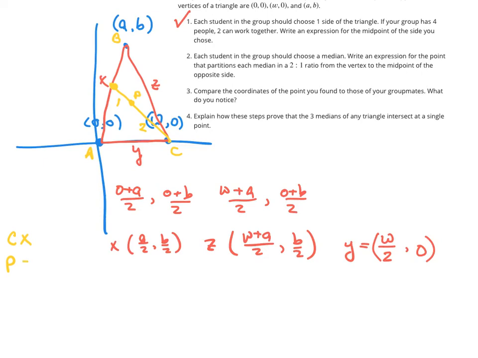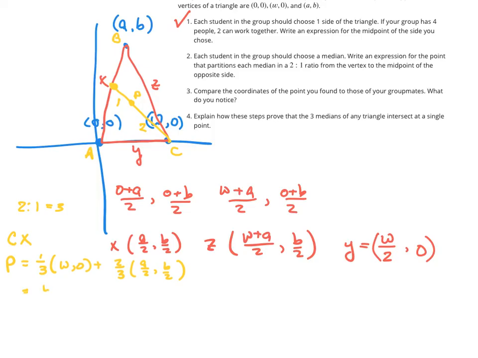So point P is, remember C to P is the ratio 2 to 1. If I add this together, I get 3, but the longest distance, I do 1/3 times the ordered pair at C, which is W, comma 0, plus 2/3 the ordered pair at X, and X was A over 2, comma B over 2.